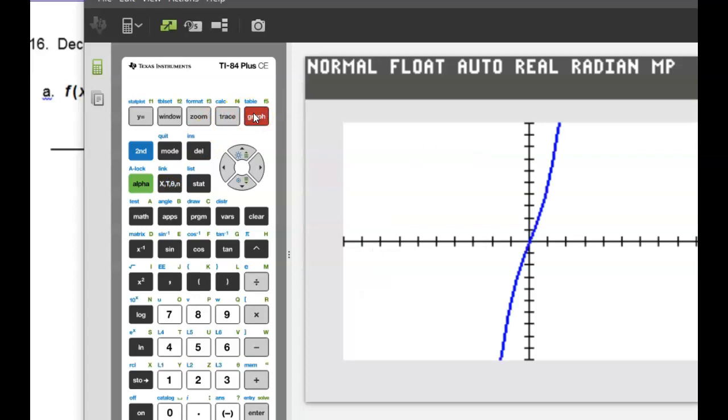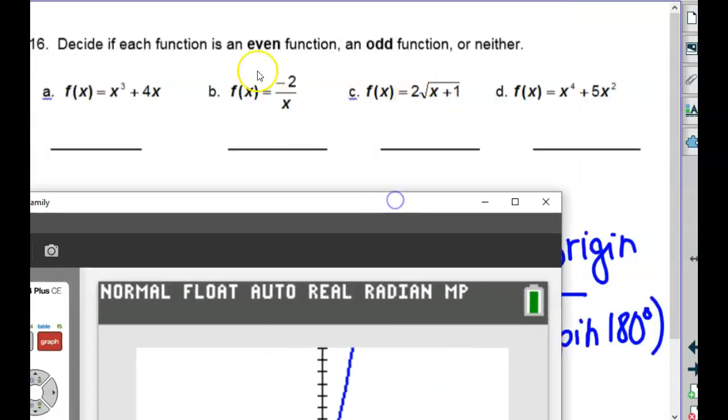It looks like this. What are you thinking? Odd? Are both the exponents odd? 3 and 1, right?